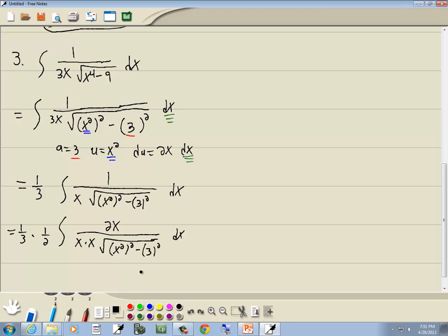Okay, well, it's starting to look better. Let me simplify this a little bit. 1/3 times 1/2 is 1/6. And I got 2x over x squared square root of x squared squared minus 3 squared dx.